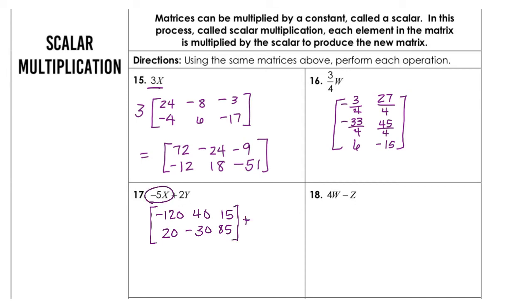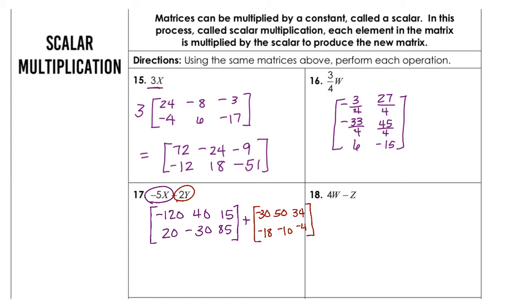And then plus, and now we're going to go through and multiply 2 times matrix Y. And if we do that, we have negative 30, we have 50, and we have 34. And then coming back around, we have negative 18, negative 10, and negative 4.